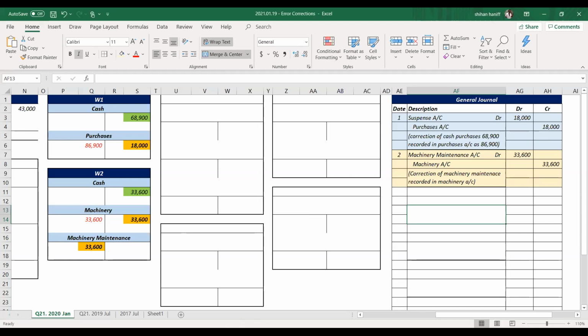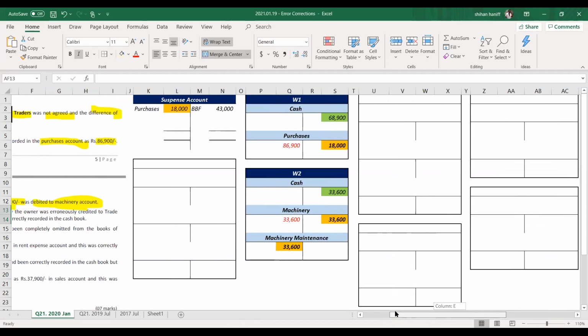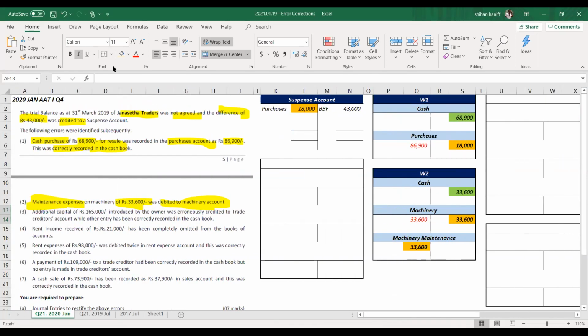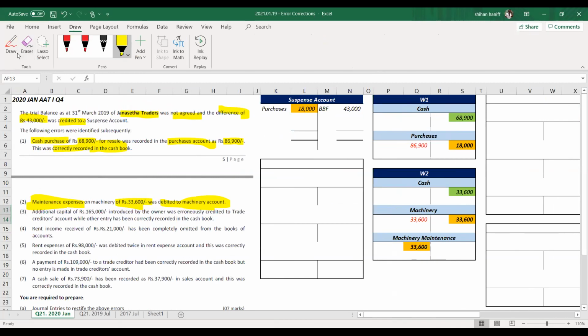Number 3. So let's do the third one. Additional capital 165,000 introduced by the owner was erroneously credited to the trade creditors account, while other entry has been correctly recorded in the cash book.